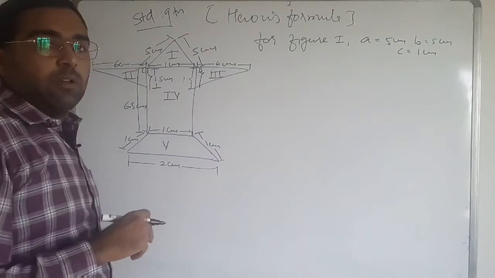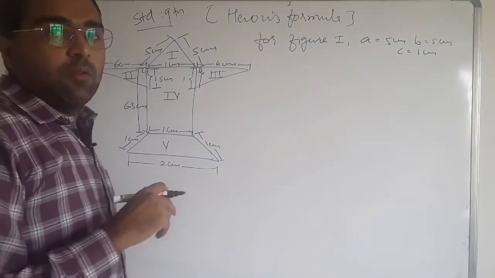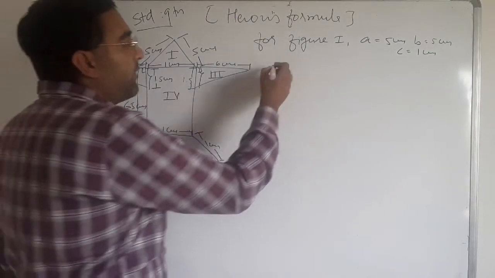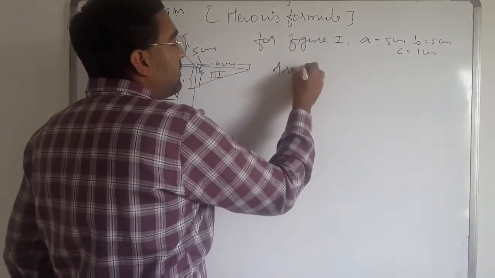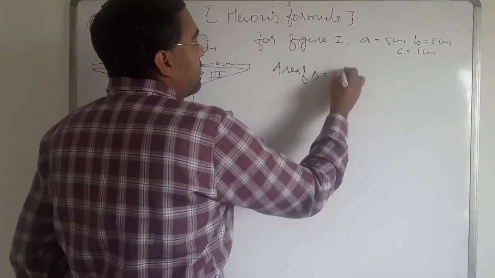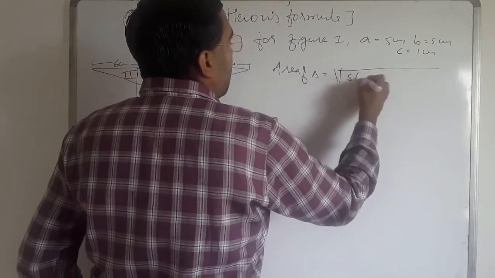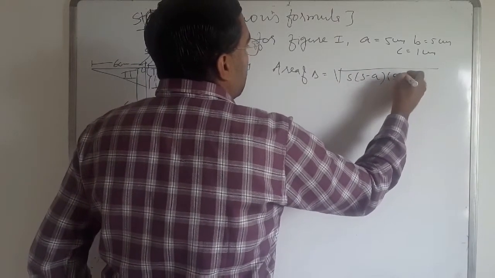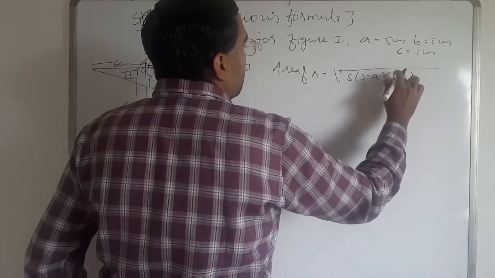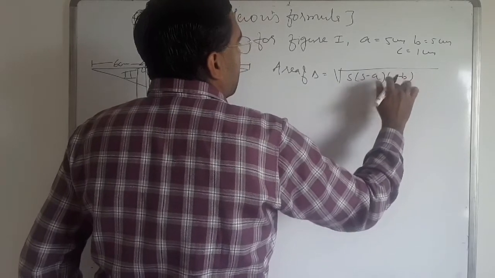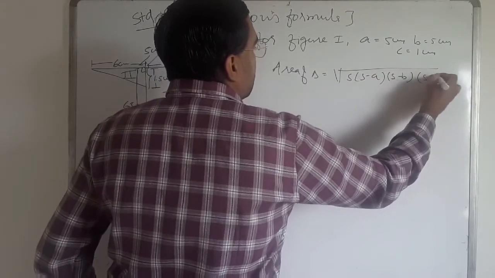So the area of triangle is the square root of s into s minus a, s minus b, s minus c.